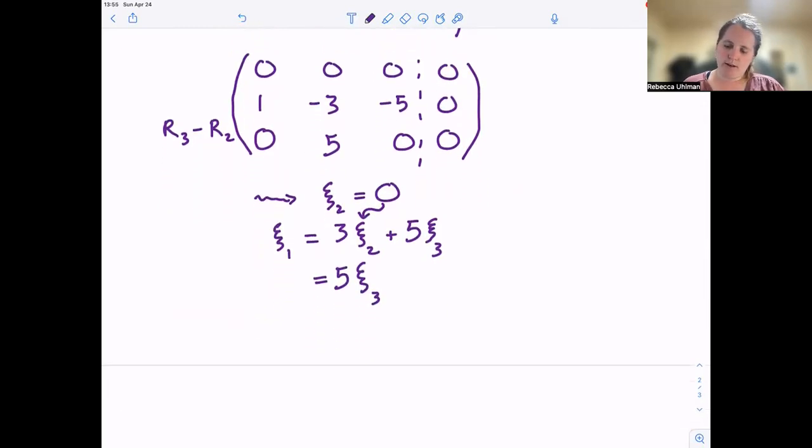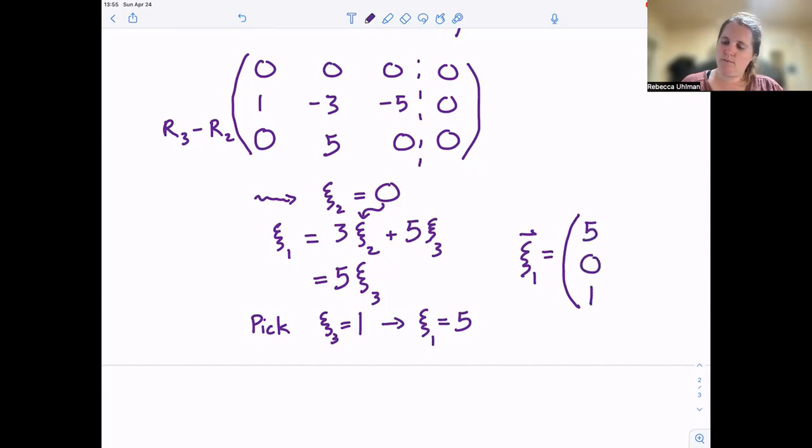So we can go ahead and pick our psi3 to be 1. And that means that psi1 would have to be 5. So we get the vector psi1 corresponding to our eigenvalue lambda 1 is 5, 0, 1.